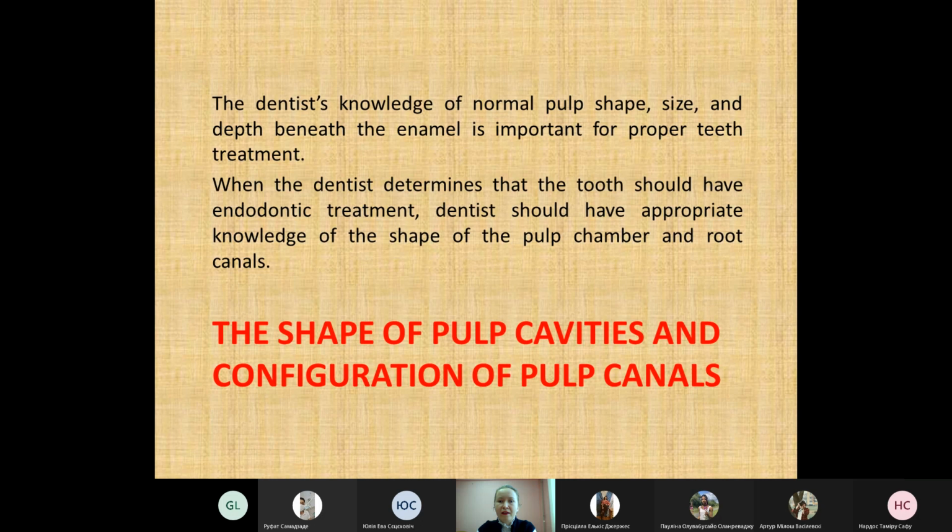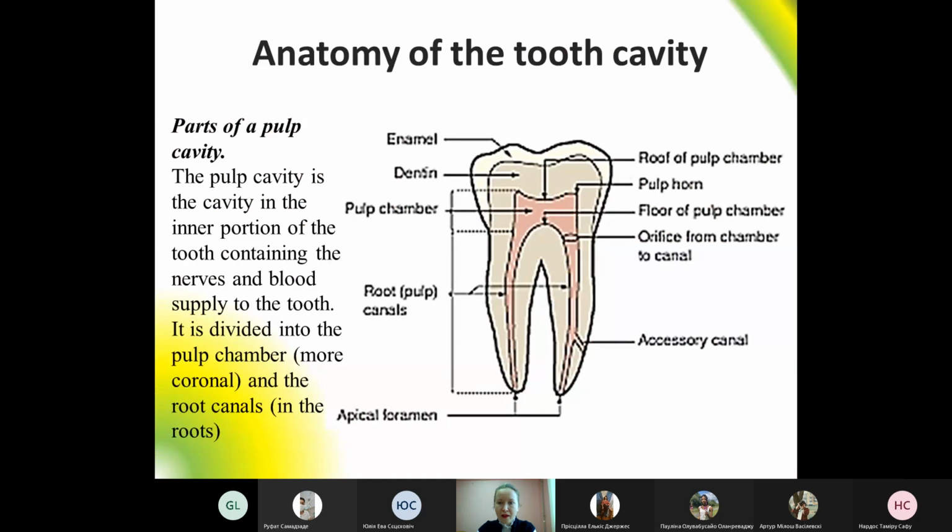On this diagram, you can see the pulp chamber and root canals. Every tooth has a pulp chamber and root canals. The pulp chamber has such anatomical parts as the roof of the pulp chamber, the pulp horn, which is the highest point usually located under every cusp, the floor of the pulp chamber, and root canal orifices.